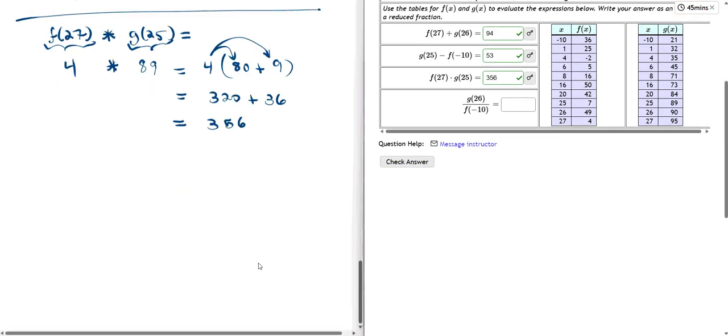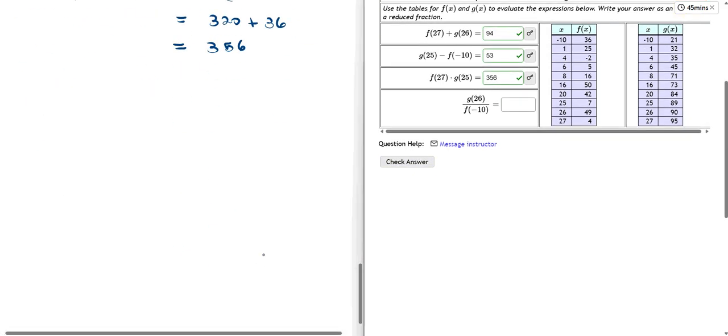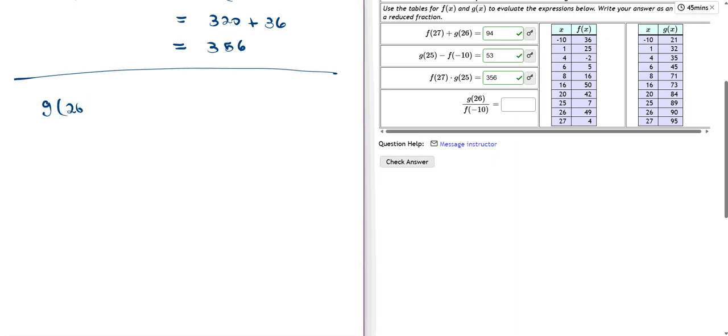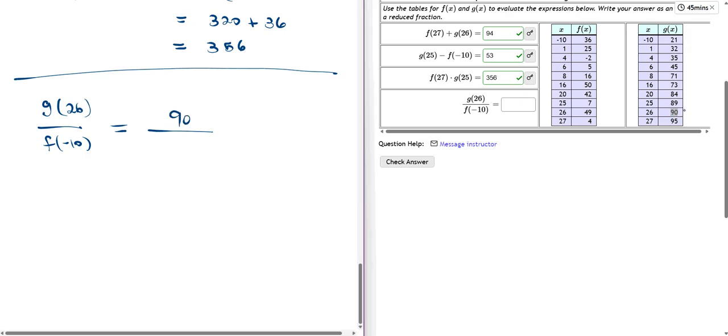All right, and lastly, we have g of 26 divided by f of negative 10. So first we'll find g of 26. In the second table where x is 26, g of x, the function value, is 90. So I'll go ahead and replace that there.